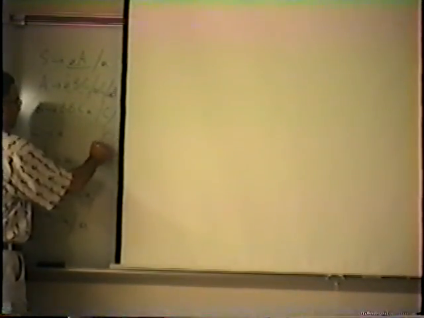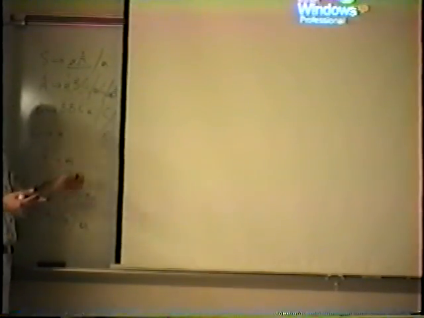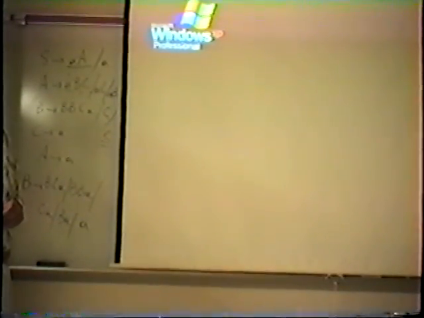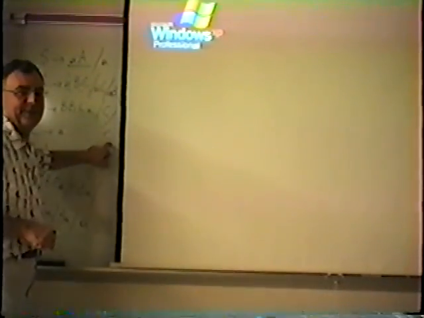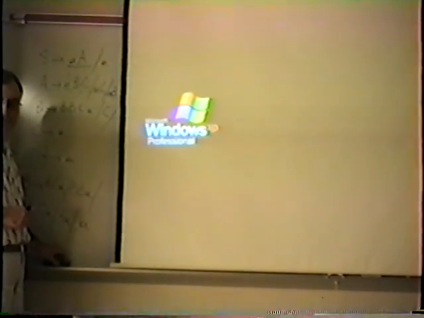So B goes to C. Well, C can go to E, right? Okay, then B can go to E. But now I introduced another. Who was going? This guy was going. Now I got an empty rule over there. Right? I got rid of C goes to E, but I got B goes to E. Well, get rid of B goes to E. Well, I'll get rid of it.